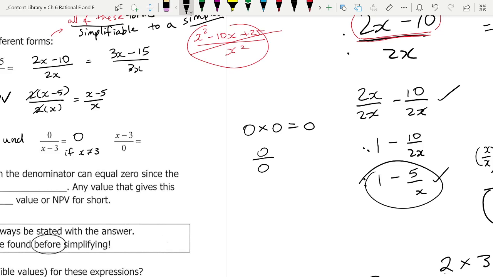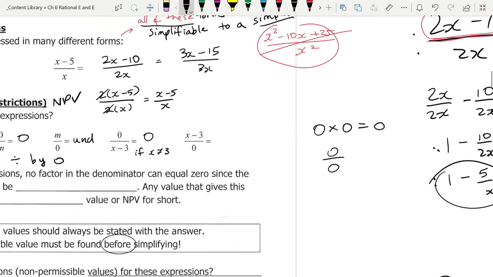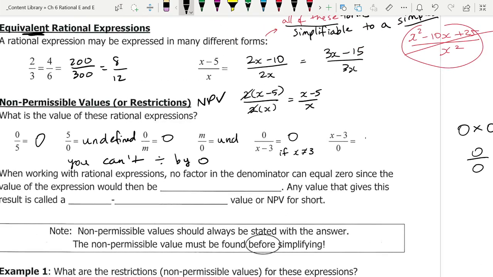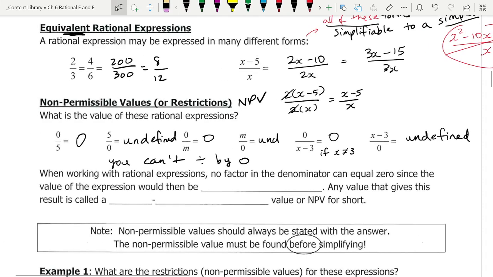But couldn't I also say 4 and 7 and 12 and 3,716? There's no defined answer to this question. So it is undefined under all circumstances when you try to divide by 0. And this one here is only defined as long as x isn't 3.